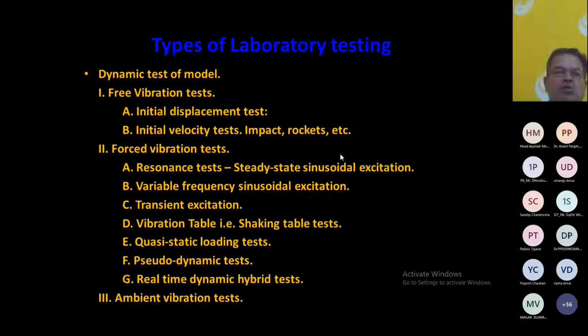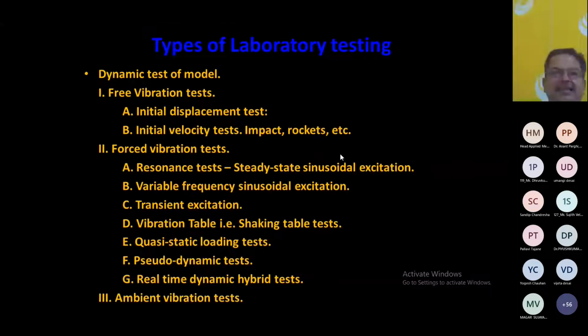So we go for only an initial disturbance, and the system will vibrate on its own elastic property. It is known as free vibration. We apply certain displacements and then release it, and the system will vibrate on its own elastic property. That is the initial displacement test.